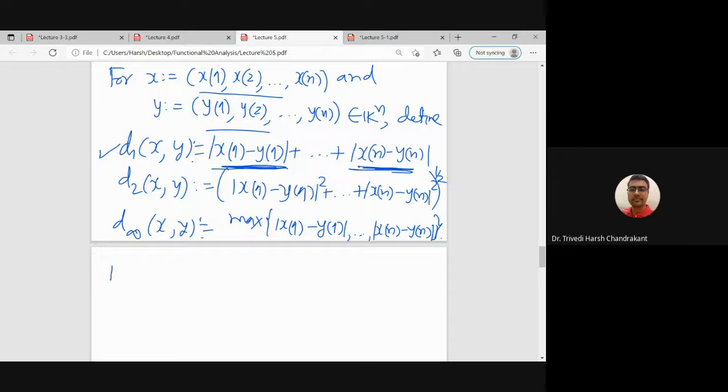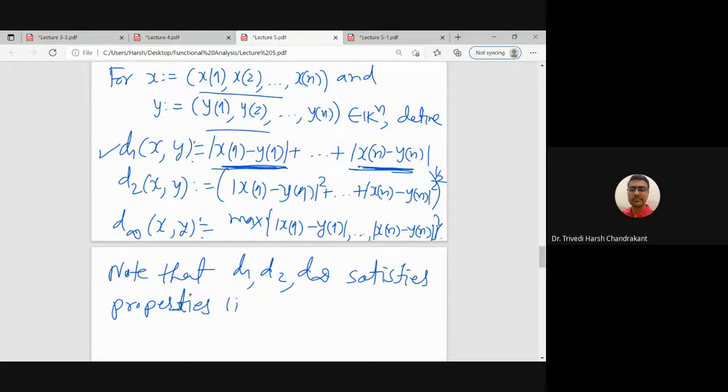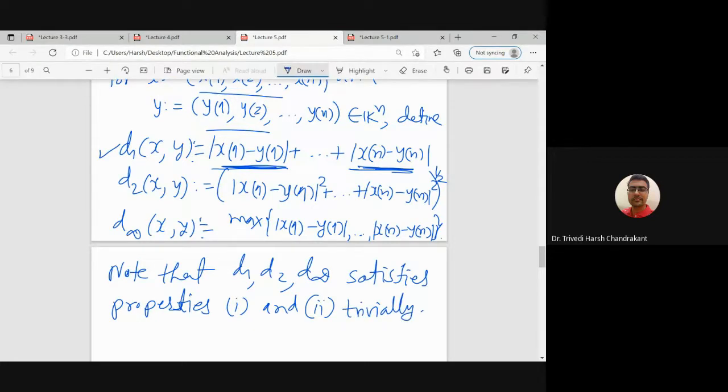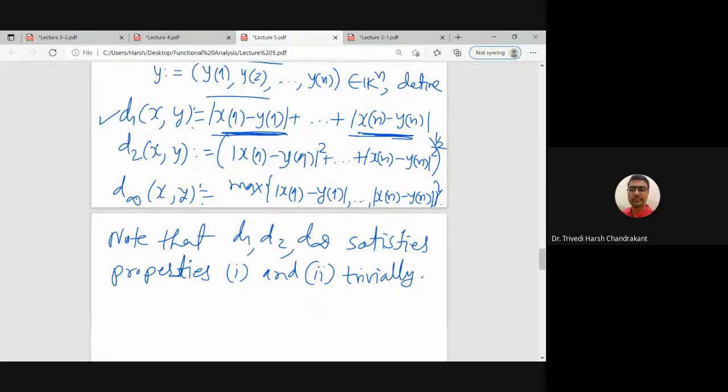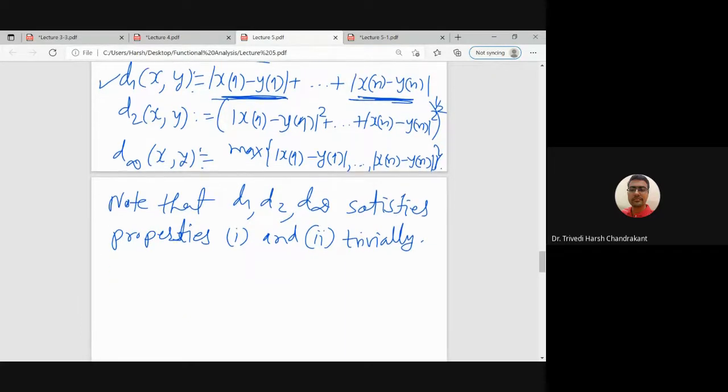Right. So note that d1, d2 and d infinity satisfy properties 1 and 2 trivially. You can check later why it satisfies, and the only property we need to check is the third property.